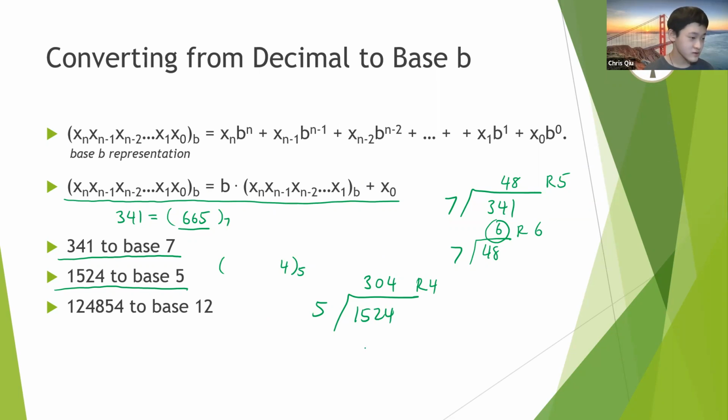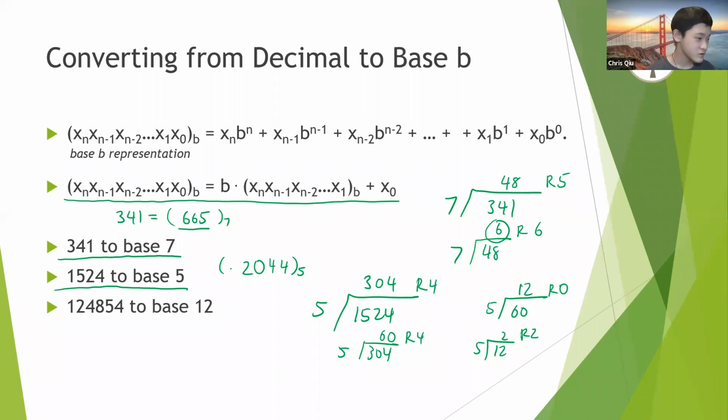And we do the same with 304. We divide it by 5, and we're going to get 60 as our quotient and 4 as our remainder. And for 60, we divide by 5 again, and we'll have 12 as our quotient, 0 as our remainder. We do the same with 12, quotient 2, remainder 2.